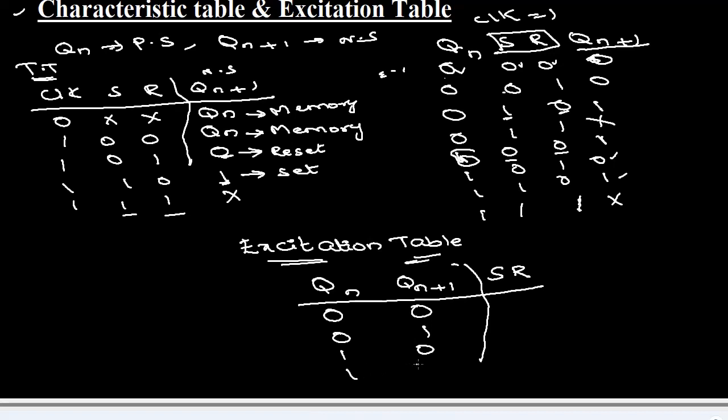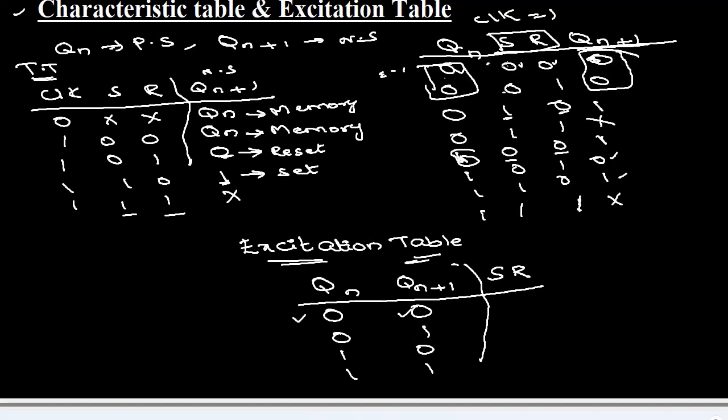Now observe the condition Qn is 0, Qn plus 1 is 0. So observe the characteristic table. Of these four conditions where Qn is 0, only in these two conditions Qn plus 1 is 0. Now observe the S and R values.